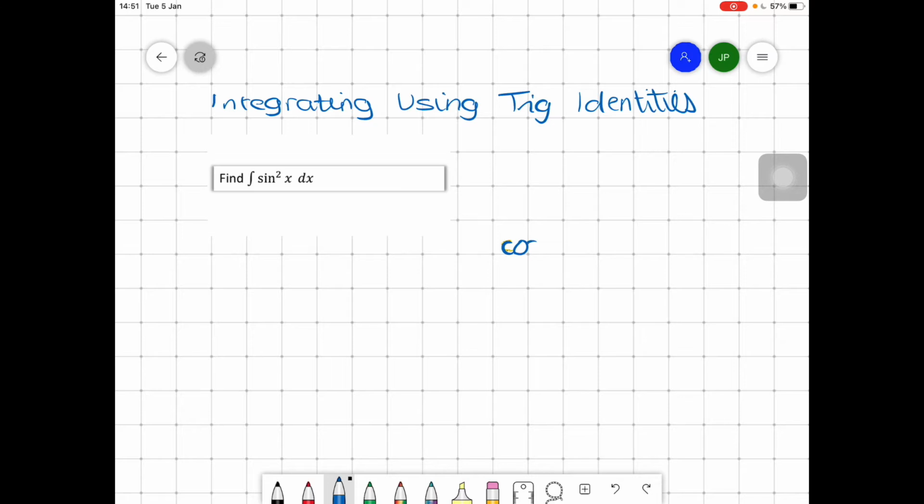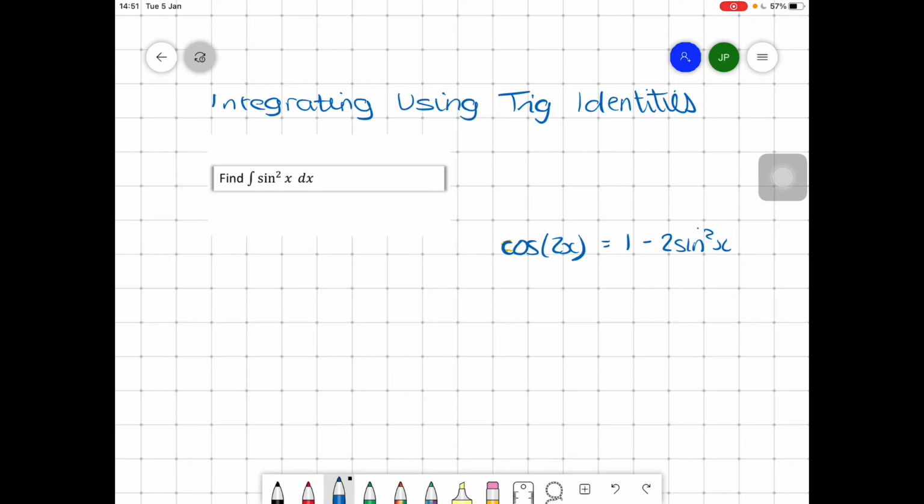Okay, so we know that cos 2x gives us a multitude of different identities. It's the one where we have 3 to choose from. Now, obviously, I'm aiming for one that's got sine squared in it, so I'm going to go cos 2x, and that's going to be the same as 1 minus 2 sine squared x. Now, if I want to substitute out sine squared, I just want to balance this equation a little bit.